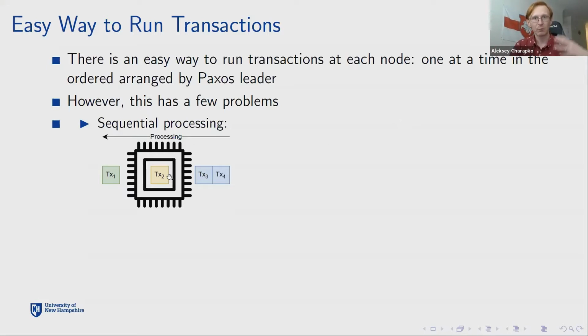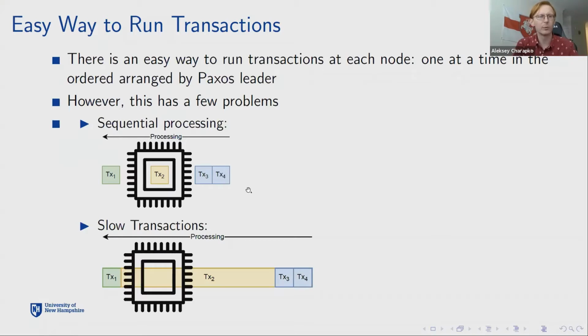So maybe like a single thread, single core setup. This is obviously slow if we have a lot of transactions, and ideally we want to take advantage of multi-core CPUs where we can run multiple processing threads and hopefully run multiple transactions in parallel and process this batch or this log of transactions a lot quicker.